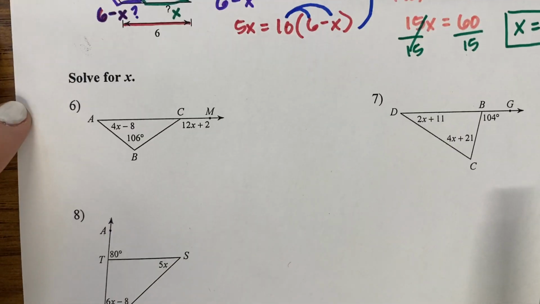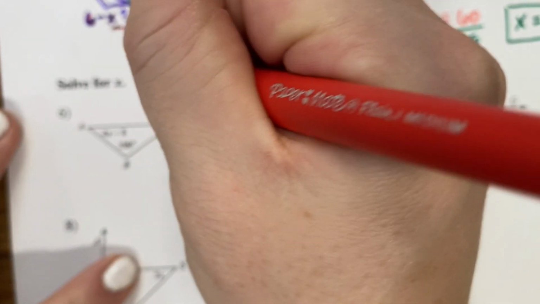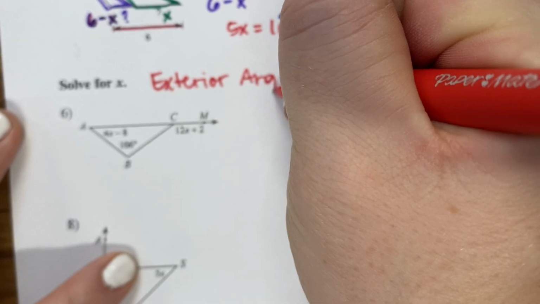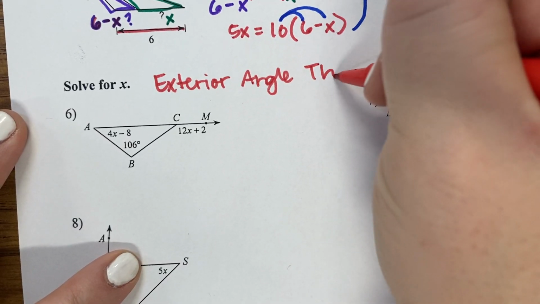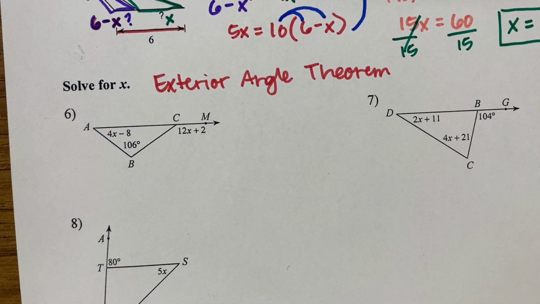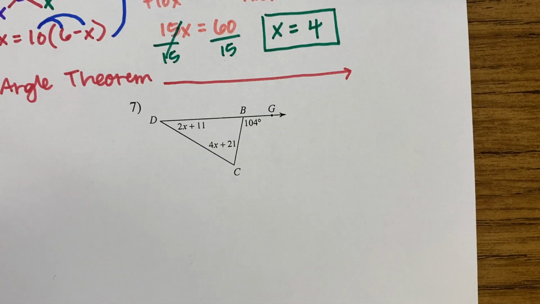Now we're going to talk about the exterior angle theorem. So let's write these down. Remember, exterior angle theorem tells us, so let's go ahead and draw a little picture over here.